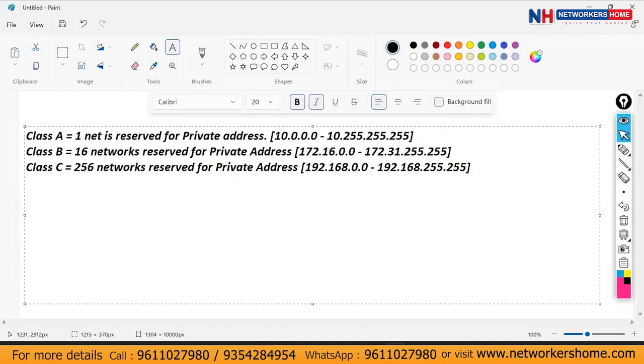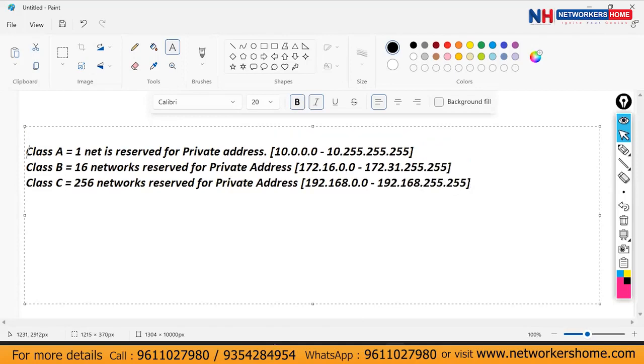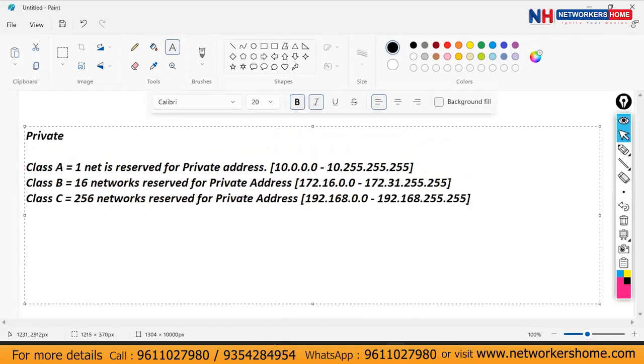So what could be the possible public range? Here I'm showing the private range. Now, if we talk about your public range, from the total range, if you subtract the private range, it will give you the public range. The total range of class A is from 0 till 127. Now 0 and 127 we do not use, so 1 to 126.